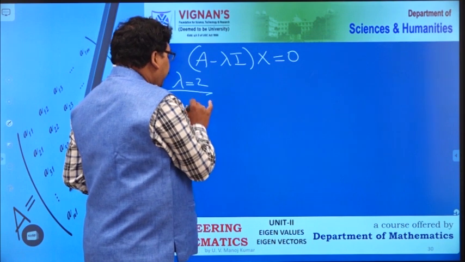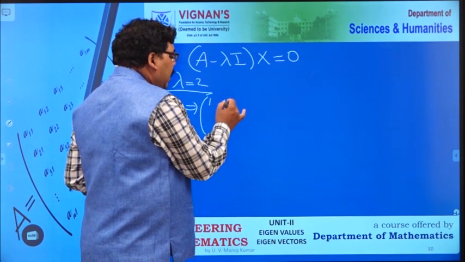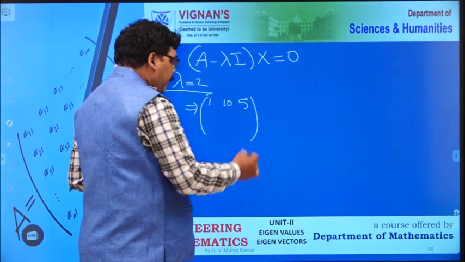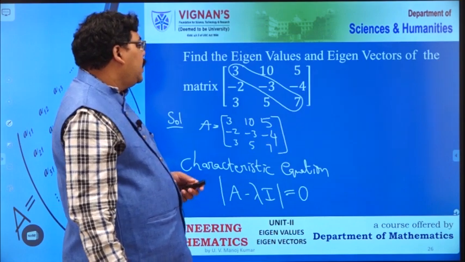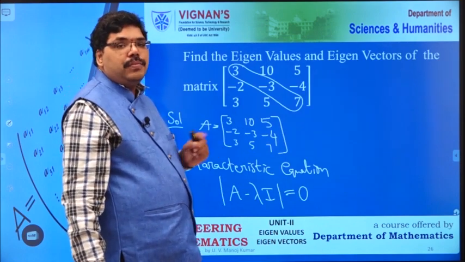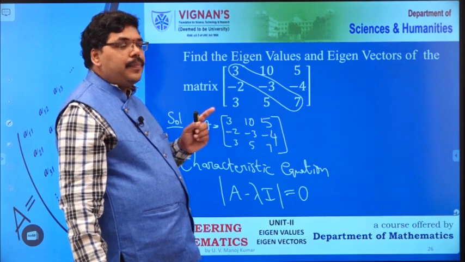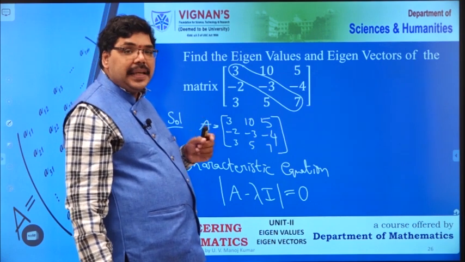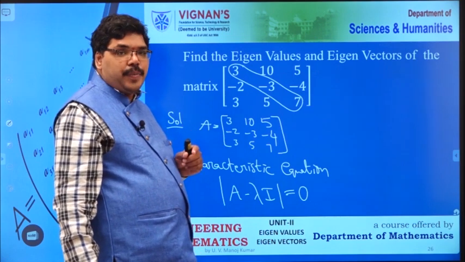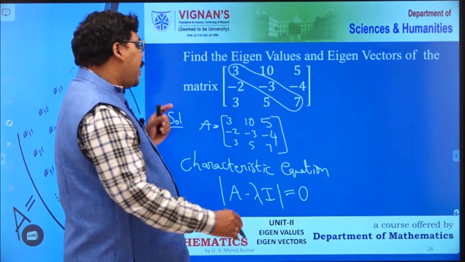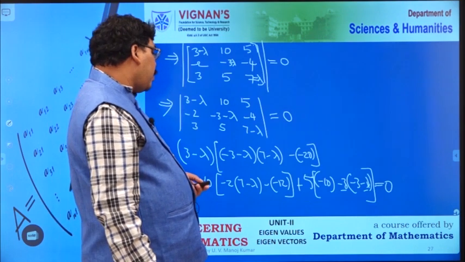So this becomes 1, 10, 5. Similarly, minus 2, minus 3 minus lambda. What is lambda here? 2. Minus 3 minus 2 becomes minus 5. So minus 2, minus 5, minus 4.